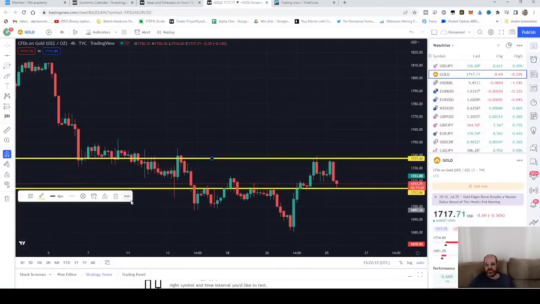Let's move this so I can see properly. You can see we're testing this since the 6th all the way till the 11th of July. So you can see this is a very strong support that has now turned into a resistance zone.